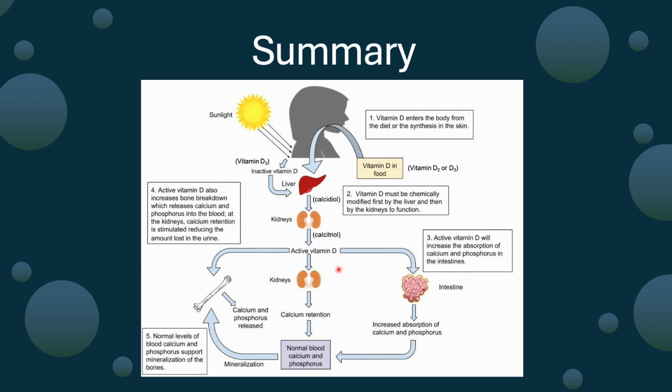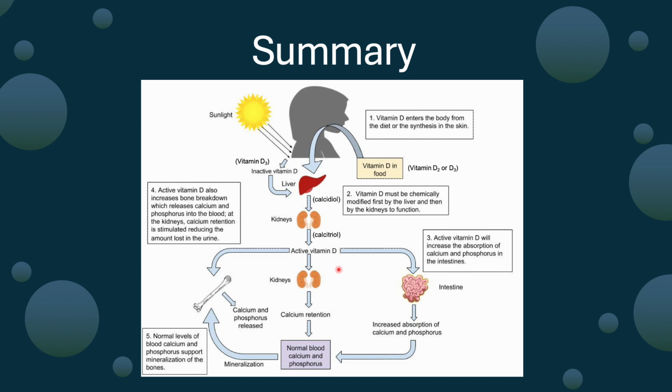And then some examples of pathologies where we have deficiencies in vitamin D: we have immune and inflammatory diseases, psoriasis, rheumatoid arthritis, where low vitamin D can worsen or progress those conditions.